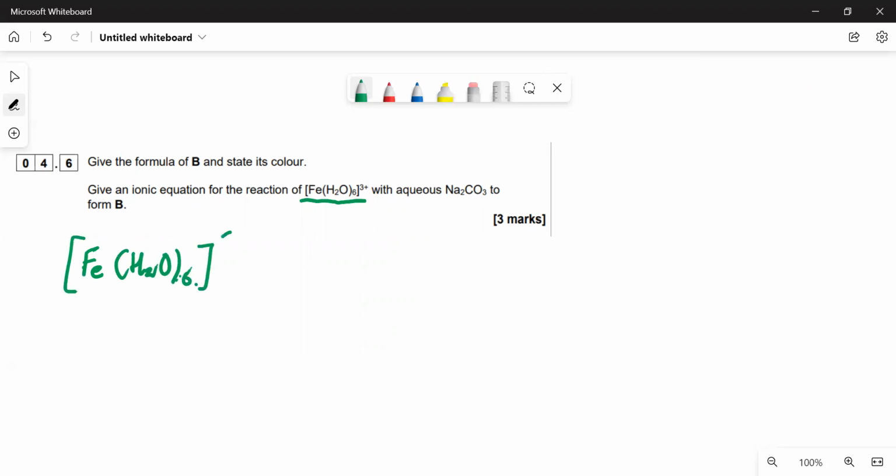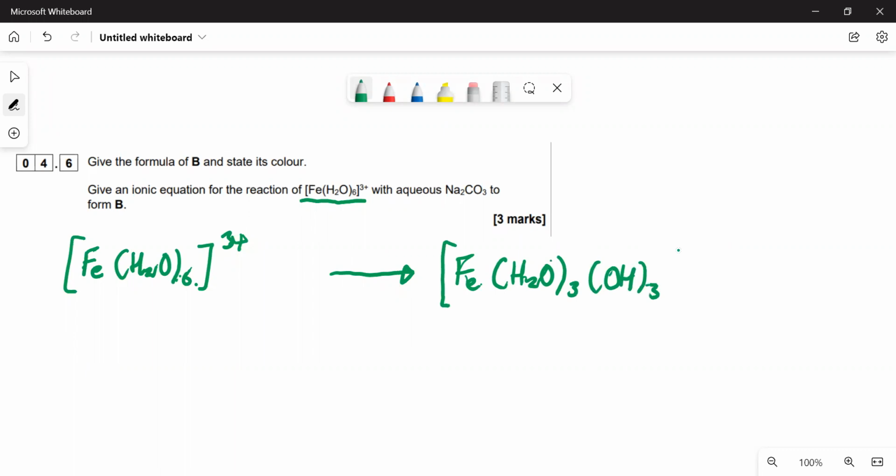So that's 3+. I'm going to show that it loses 3 protons, so it's now Fe(H2O)3(OH)3, and I'm going to put 3H+ there.